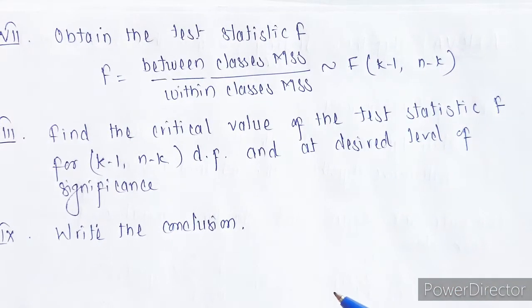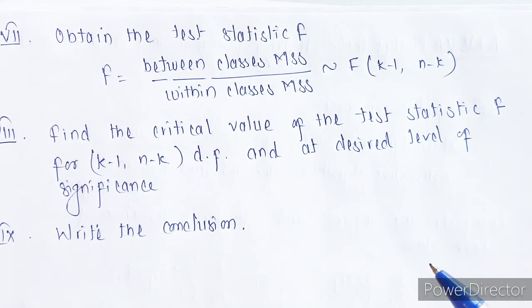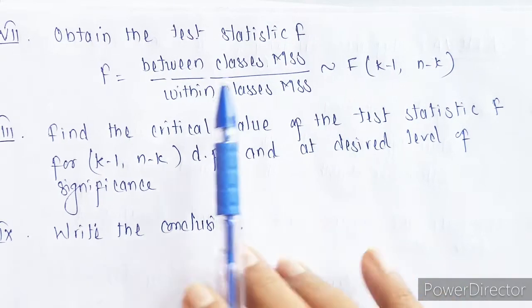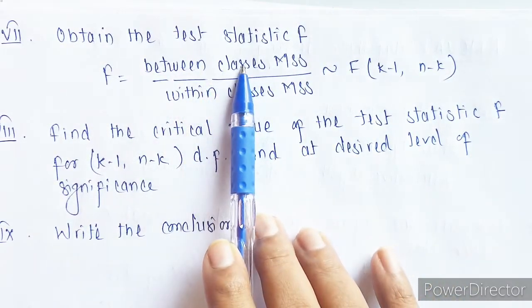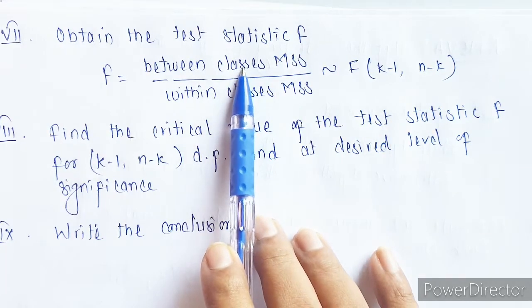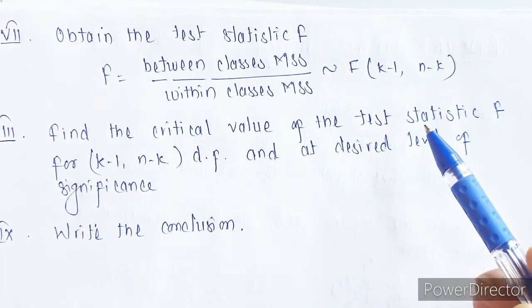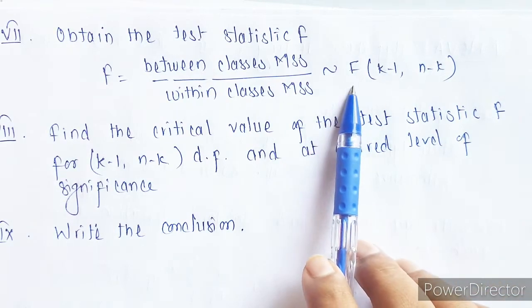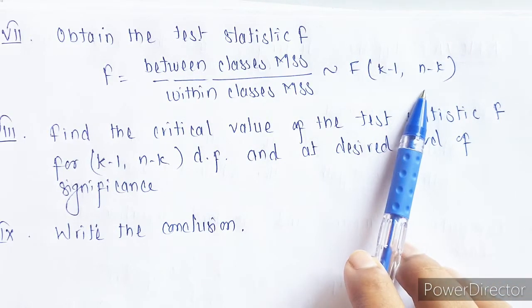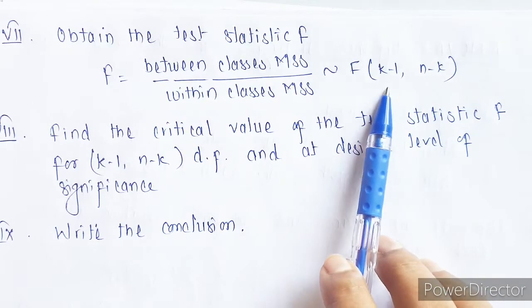Now once we have the within classes sum of squares and between classes sum of squares, we need to obtain the statistic F, that is the mean of between classes sum of squares divided by the mean of within classes sum of squares, and it is asymptotic to the F statistic with degrees of freedom.